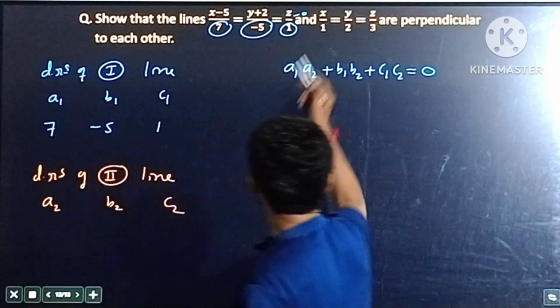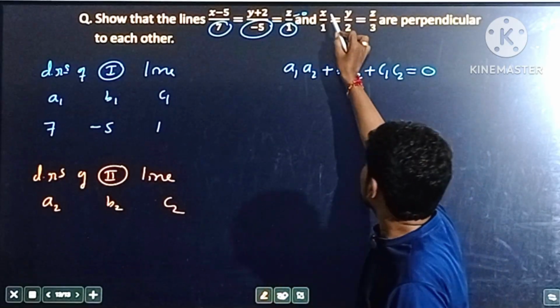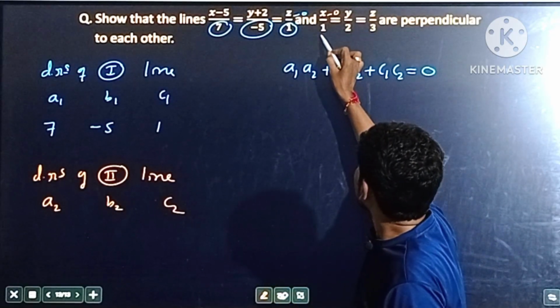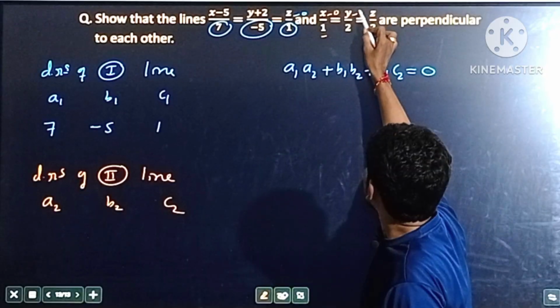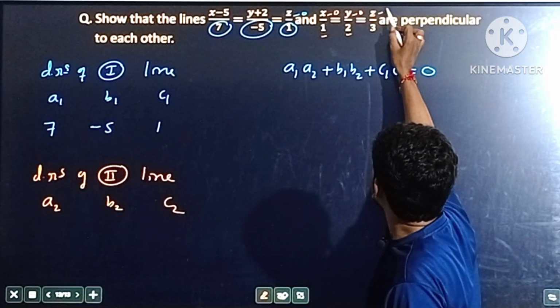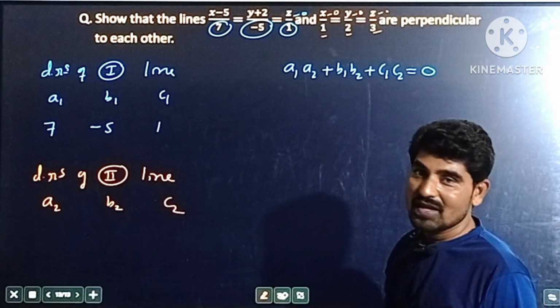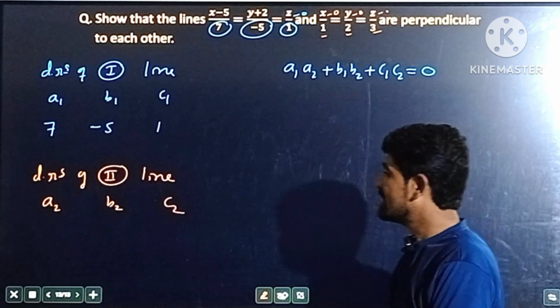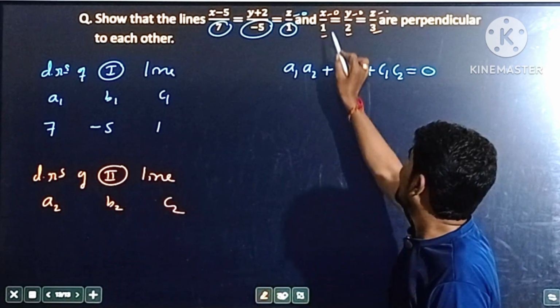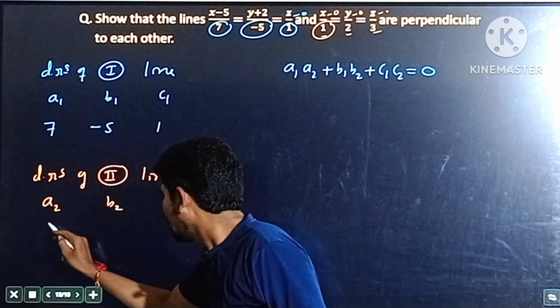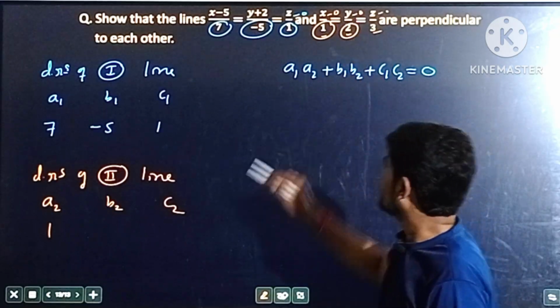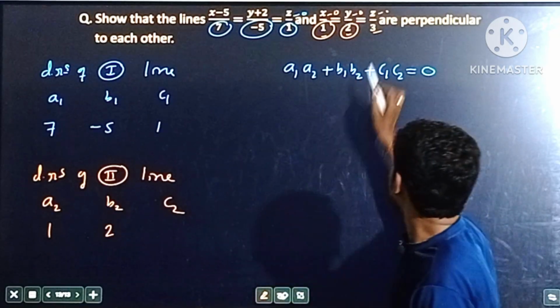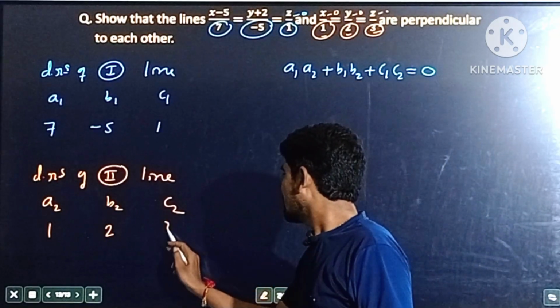See here, the second line is also in the standard form, x minus x1 divided by a, y minus y1 divided by b, and z minus z1 divided by c, where a, b, c are considered as a2 b2 c2. The value of a2 is 1, the value of b2 is 2 and the value of c2 is 3.